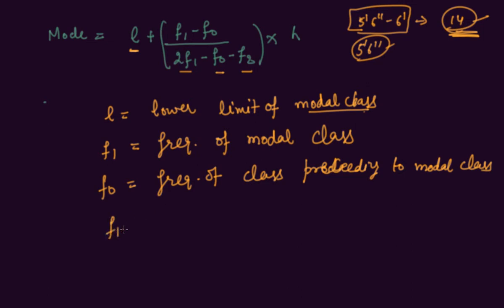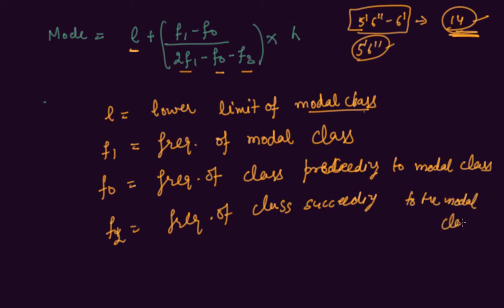F2 is the frequency of the class succeeding the modal class, the next class. And H is the size of the class interval.